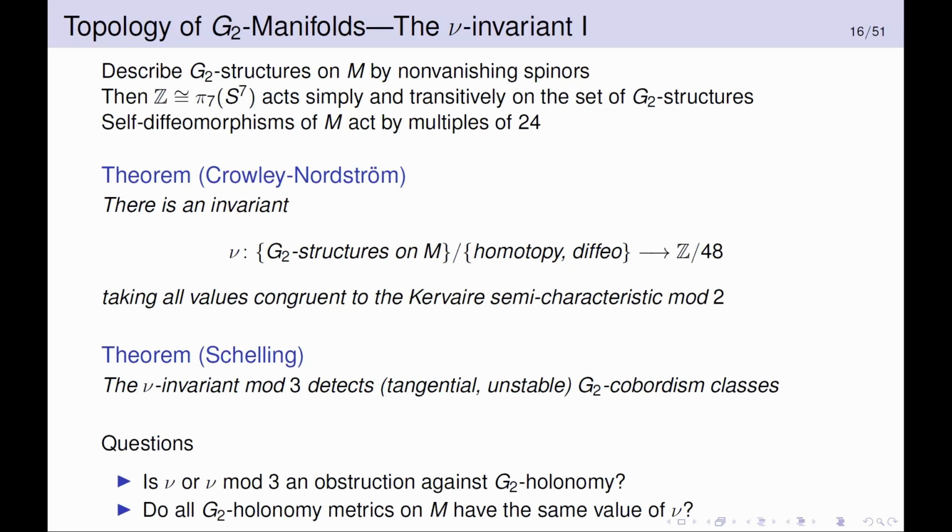So assume we have G2 holonomy. We are in a subset of this G2 structure space, right? So on the subset, maybe the invariant becomes trivial, then we would get an obstruction against G2 holonomy. Or maybe nu mod 3 is trivial, then the G2 cobordism class would present an obstruction. Or maybe we are lucky and we can realize many, many different values of nu, and then we have a new method to distinguish them.